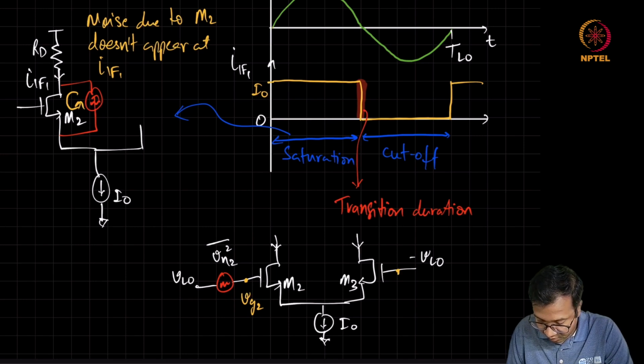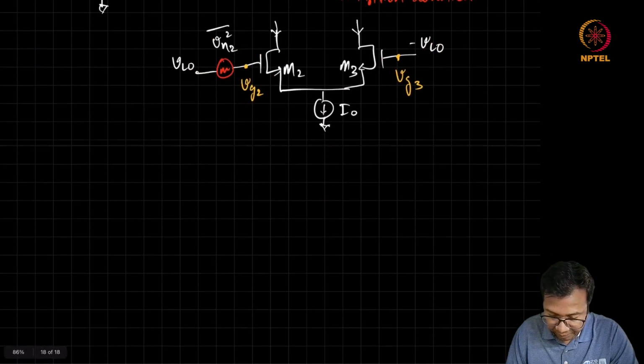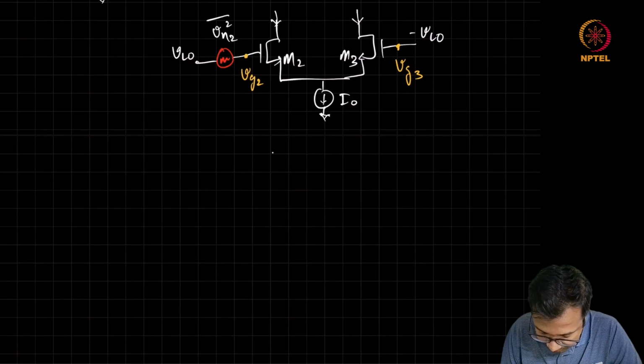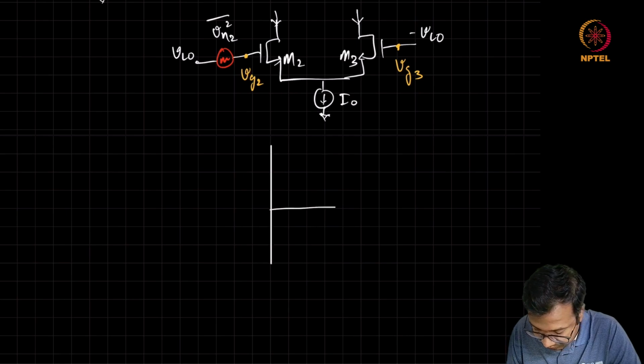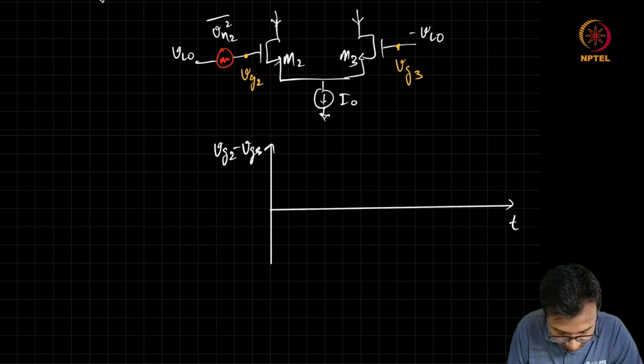Let me call this node VG3, and in this simple circuit, if I have to plot VG2 minus VG3, this difference voltage will decide when the switching takes place.